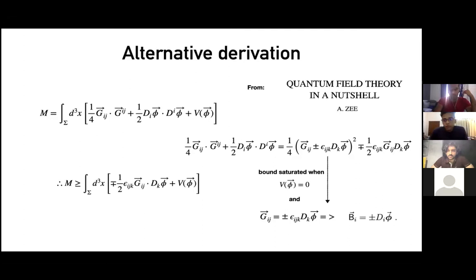Let's see if we can see how to saturate it also from the expression that we have here. If g equals this epsilon d phi, then it's just a way of rewriting the expression, right? Let's see if that works.